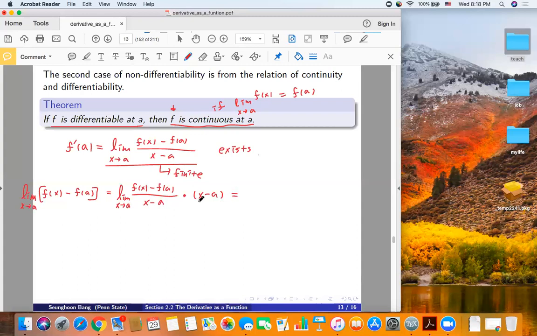This is like a product of two functions. You can distribute the limit to the first and second one.